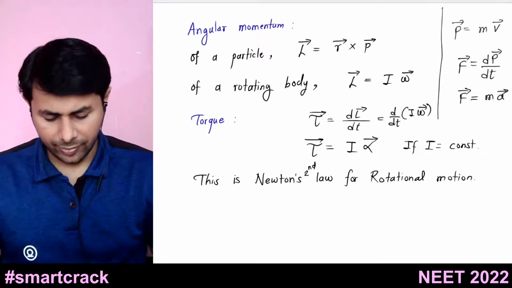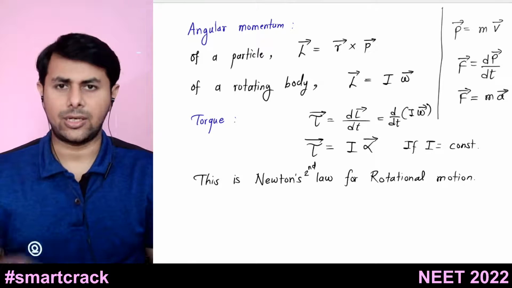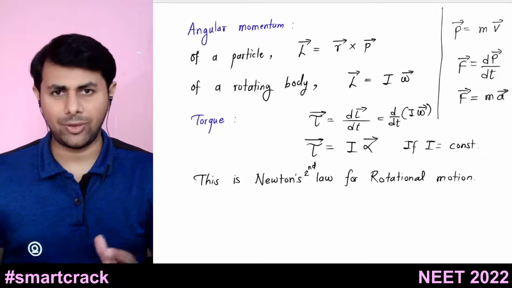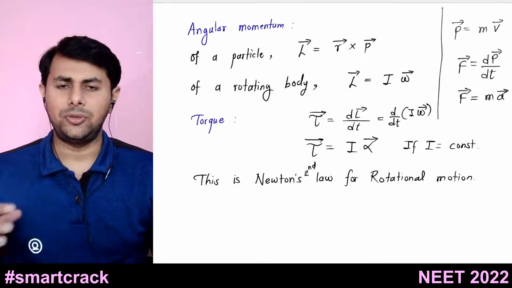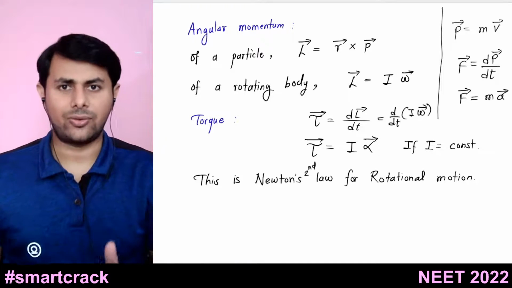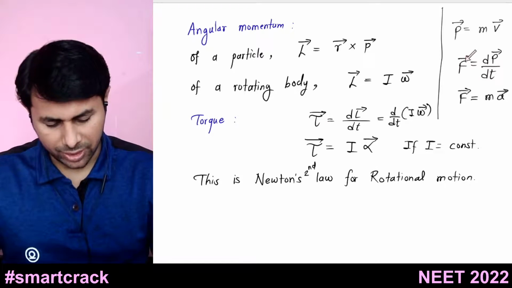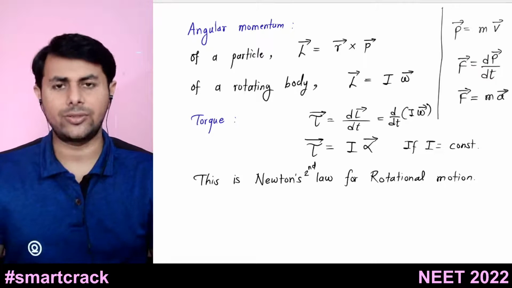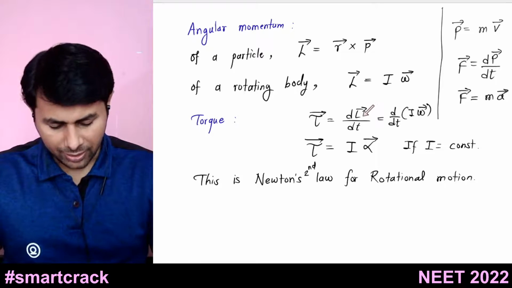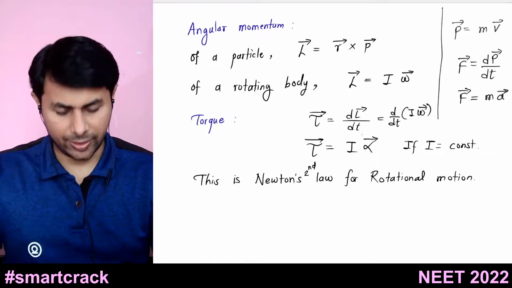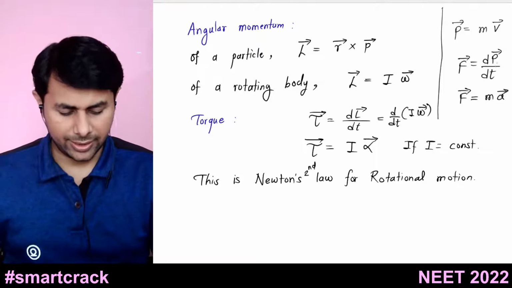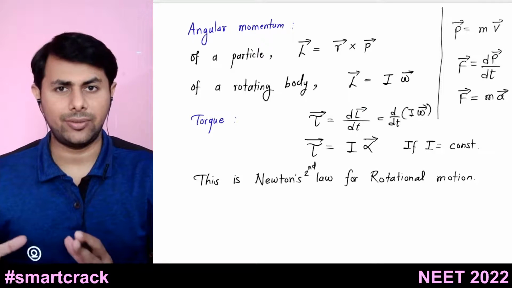Just like that, in rotational motion, the state of motion is measured by angular momentum. So Newton's second law for rotational motion is: torque acting on a body, the analogous quantity of force, is equal to the rate of change of angular momentum with respect to time.